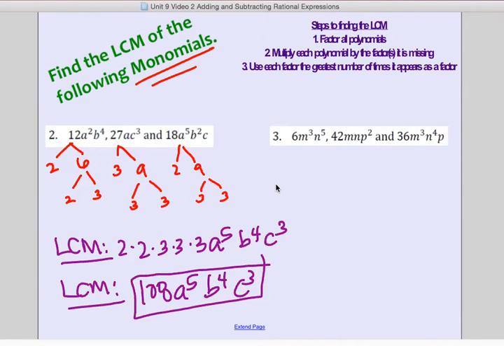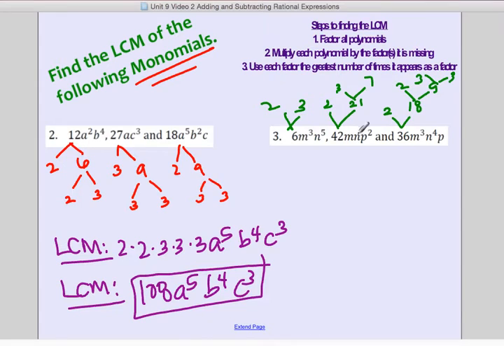Okay. Number 3. I would do the same thing. Let's break down 6. 6 breaks down into, once again, 2 times 3. 42 breaks down into 2 times 21, and this breaks down into 3 times 7. 36 is 2 times 18, which is 2 times 9, and that breaks into 3 and 3.